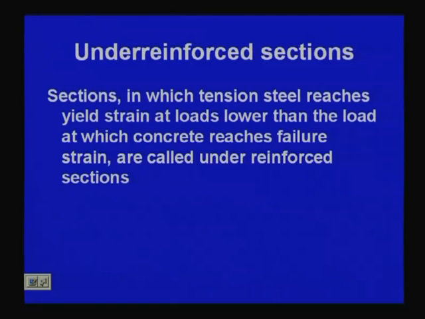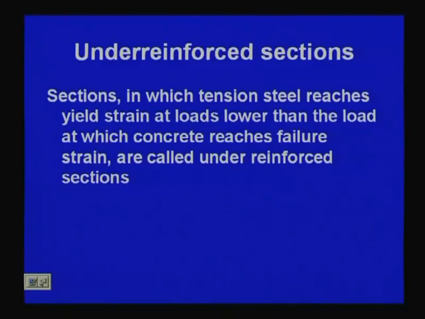So, in this case the load applied, we shall stop when we measure the strain in the steel that is achieved, say 0.0038 for Fe415. We can measure the strain and we can find out 0.0035, and then we can stop there. Maybe the concrete has not reached that value, and that one we shall take as an under reinforced section.